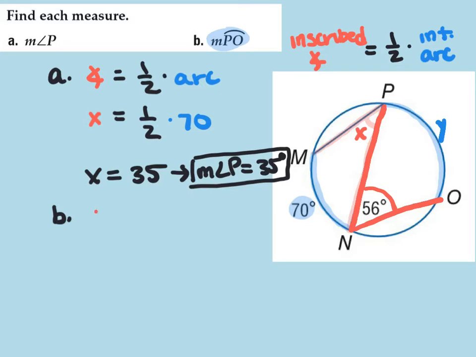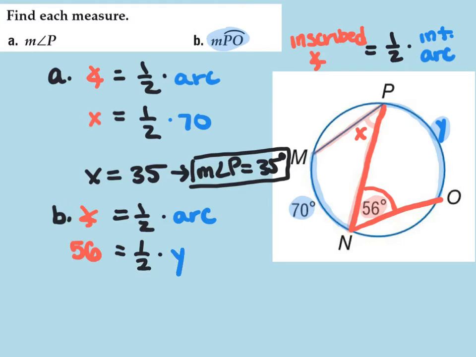So if I use the formula that the angle equals 1/2 times the arc, the angle in this case is the 56. So 56 equals 1/2 times the arc, which we can call Y. So 56 equals 1/2 times Y.